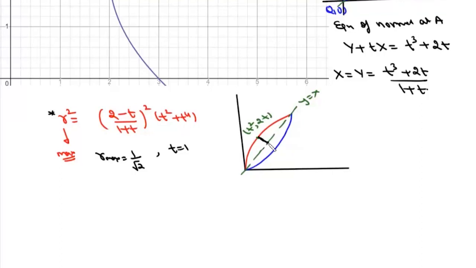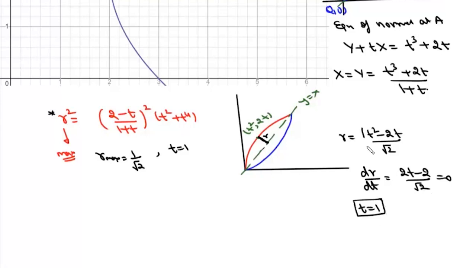That's how we can find the maximum value of this radius r. So if we find this distance, say r, it will be (x minus y) upon root 2, which is (t square minus 2t) upon root 2 with a mod sign. But as of now, we'll ignore it. So we differentiate dr by dt, and we'll get (2t minus 2) upon root 2 equals 0. The value of t is 1.